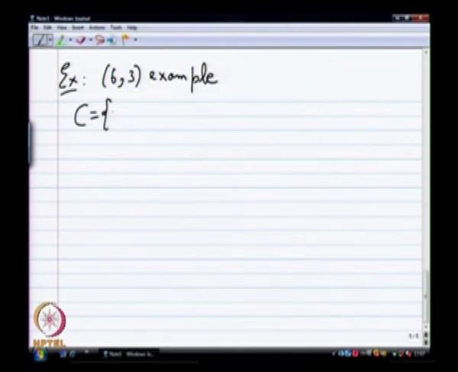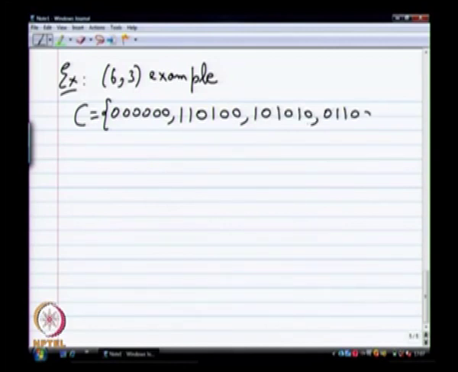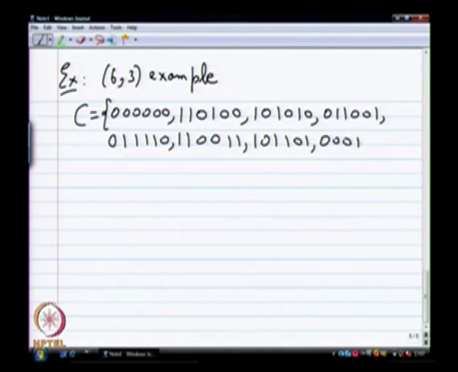Let me see, we really need the list of code words. So, let me try and do this off the top of my head. I think it is 110100, am I right? 101010 and then 011001, then 110100, then 001 1, 1 0 1 1 0 1 0 1 1 0 1, and finally 000111.